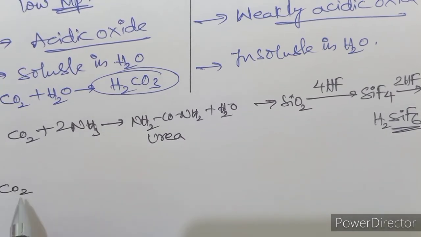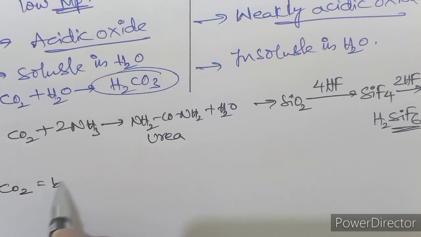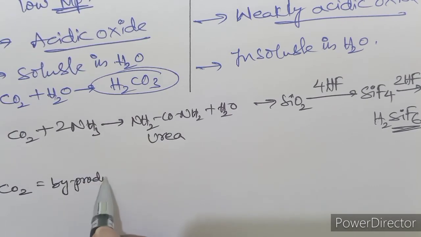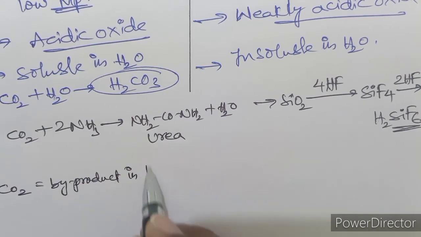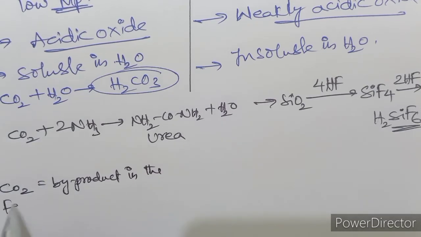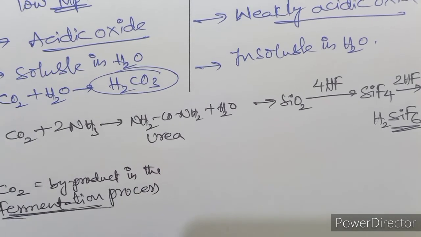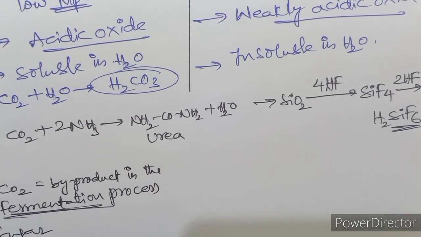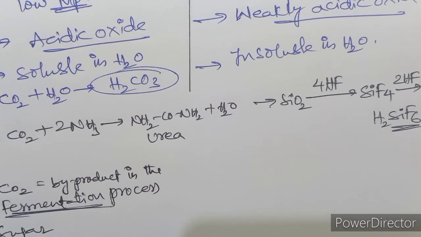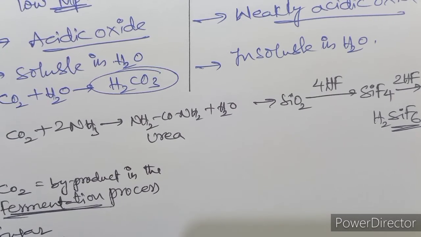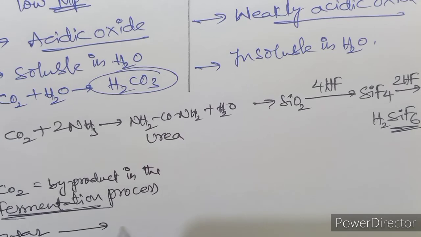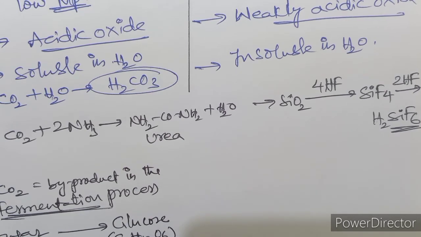This carbon dioxide is formed as a byproduct in the fermentation process. In the fermentation process, the sugar, C12H22O11 like sucrose molecules, are converted into glucose, that is C6H12O6.